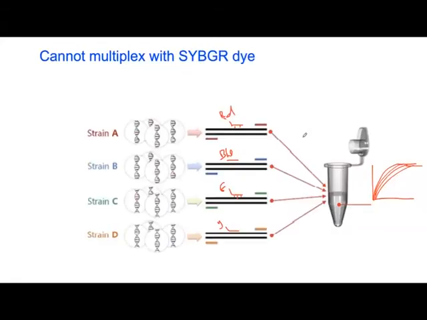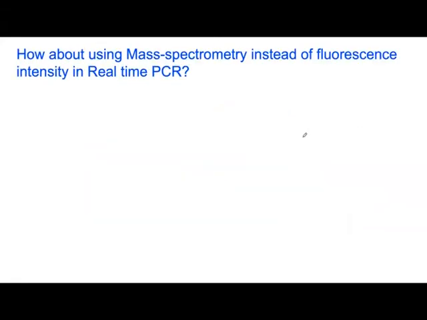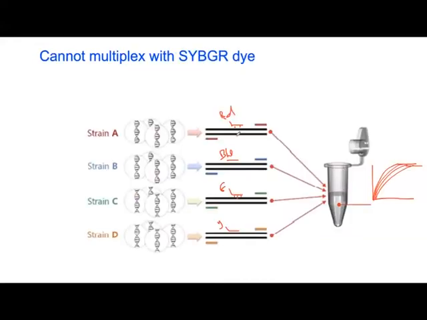Now, just for your knowledge, remember in real-time PCR we basically use fluorescence molecules. But the main problem of fluorescence is that you cannot multiplex many colors, because you have to consider the overlap between different wavelengths. If two wavelengths are next to each other, it becomes very difficult to differentiate, for example, a green from a light green, or green from yellow. So you are limited in how many you can multiplex.